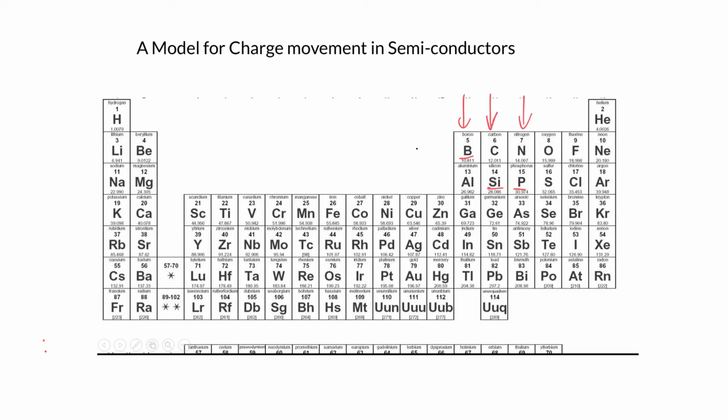The silicon row has 4 valence electrons, or 4 electrons in their outer shell. This column has 3 electrons in its outer shell, and this one has 5 electrons in their outer shell.